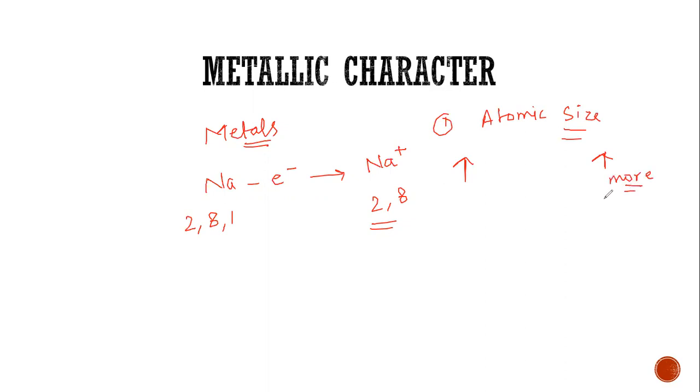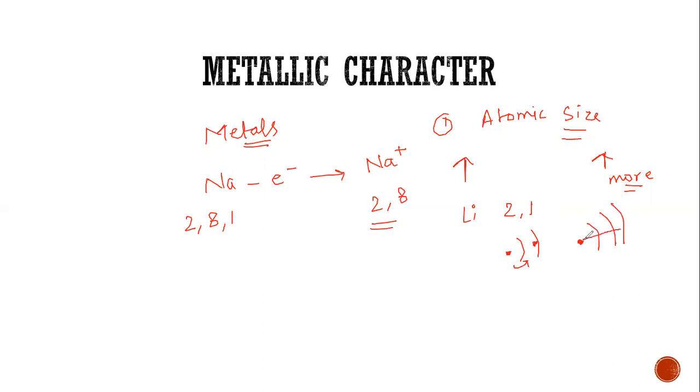For example, lithium has electronic configuration 2,1. When I have to remove an electron from the valence shell, it will require more energy to remove. Whereas when the atomic size increases, if I talk about sodium, it has 3 shells.